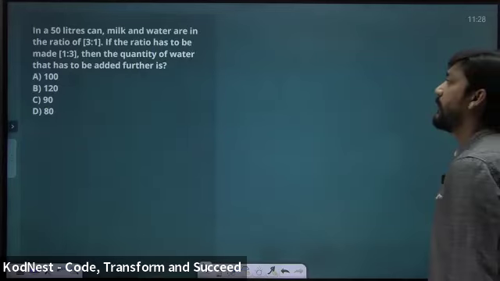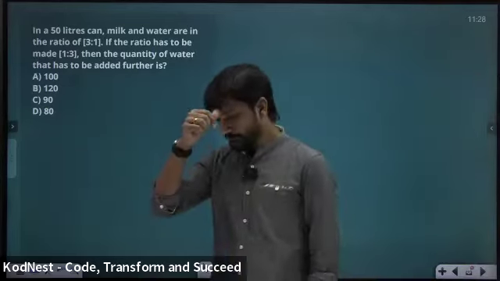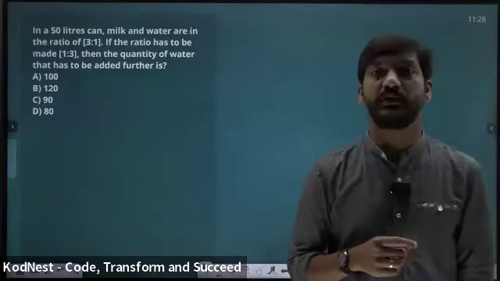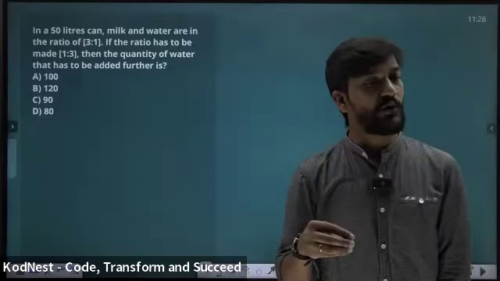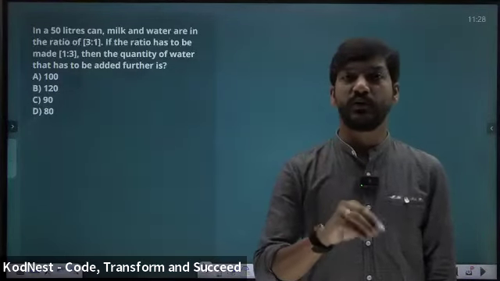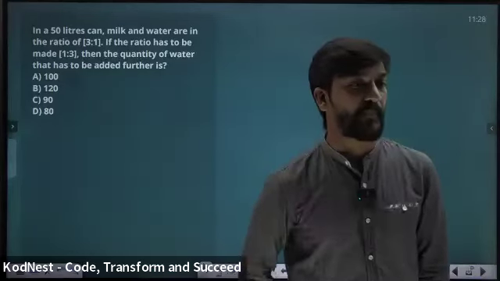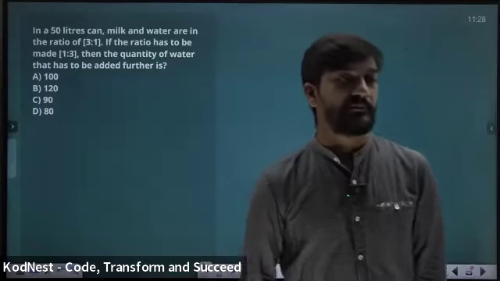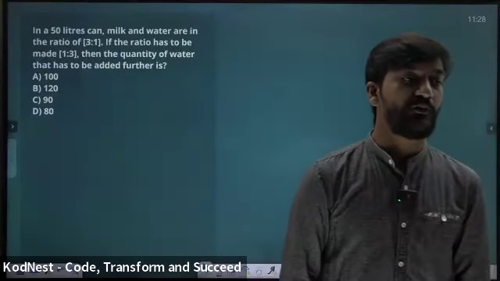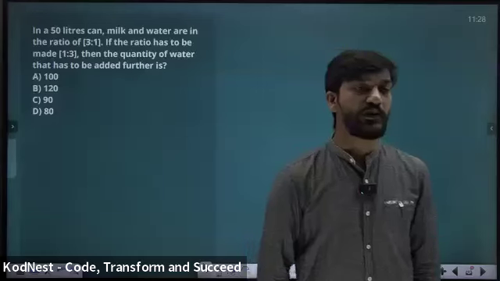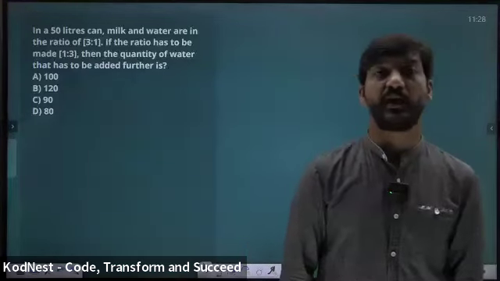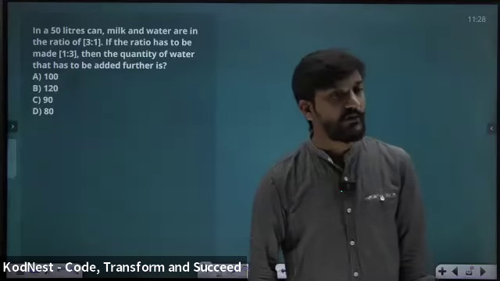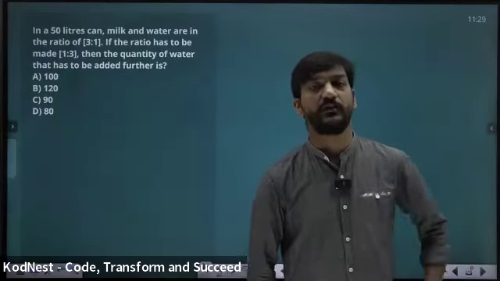So I was asking what we are adding. Water. If we are adding water, what will change? Amount of water or amount of milk? We are adding water, so water will change.